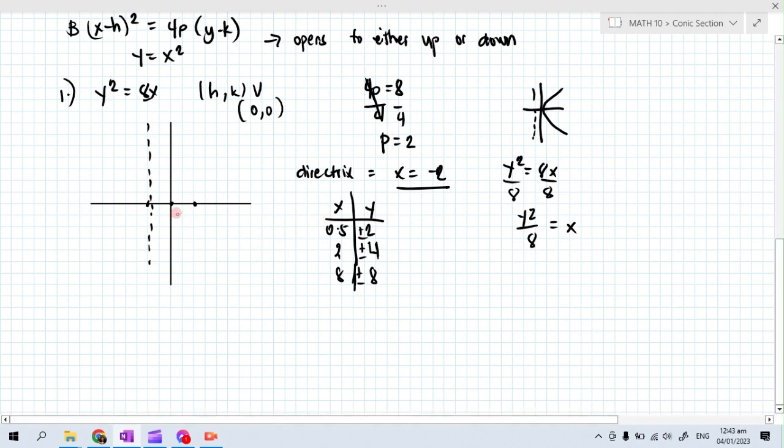Let's start with this point around here, positive and negative 2. So here, and oops, my bad, here. Next, 2 and positive negative 4, so 2, 4 over here.